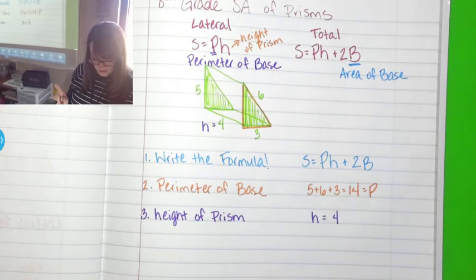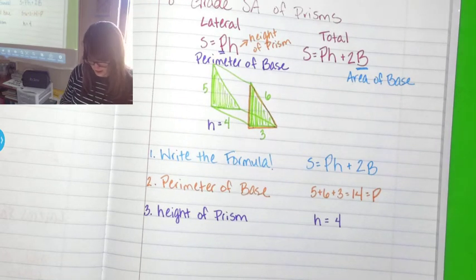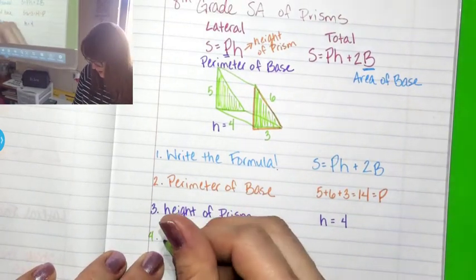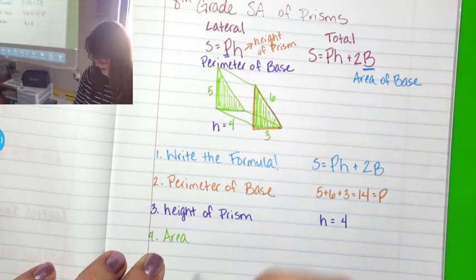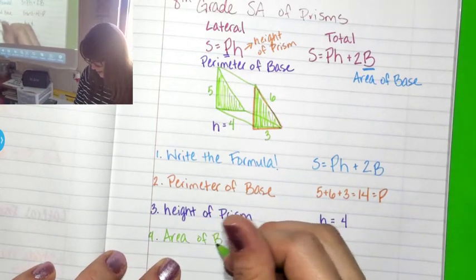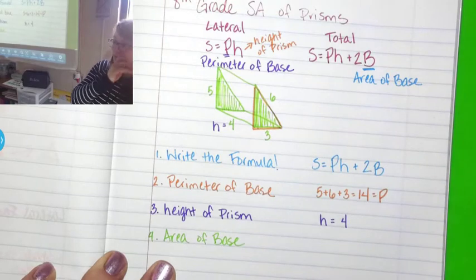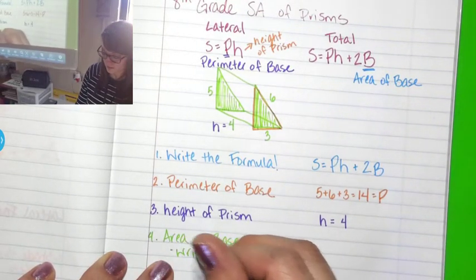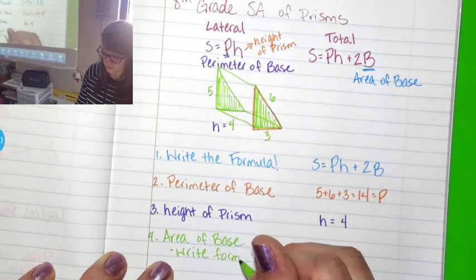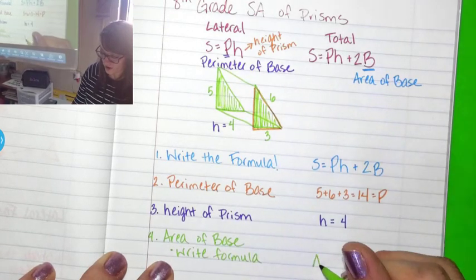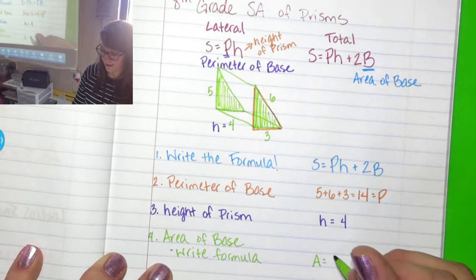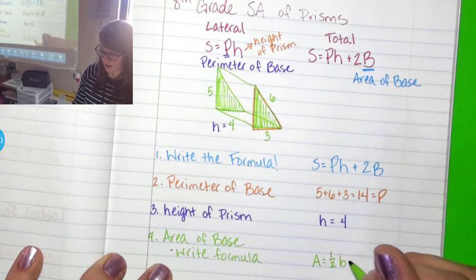Now, area of the base. This is where we might make a mistake. Step 4, area of the base, we're going to kind of divert. What shape is the base? Triangle. So we're going to write the formula. The formula for a triangle is A equals 1/2 BH.